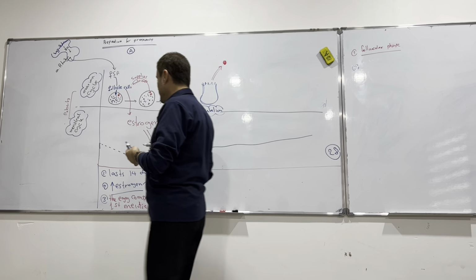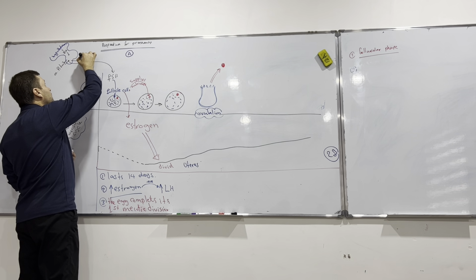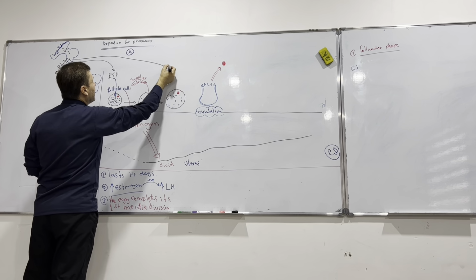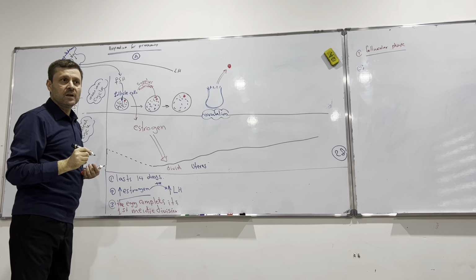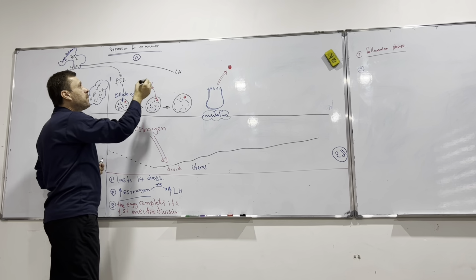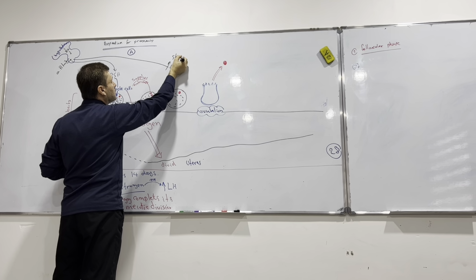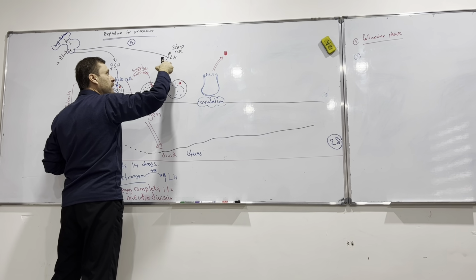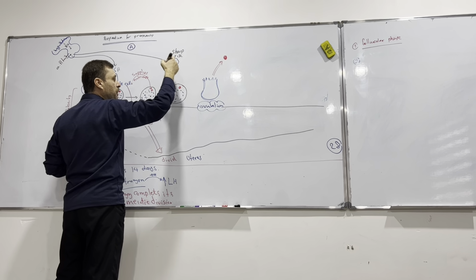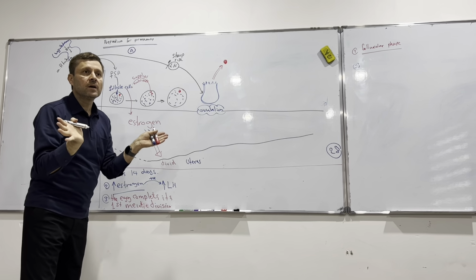The sharp rise of LH, luteinizing hormone, in the midway causes the follicle cells to rupture.